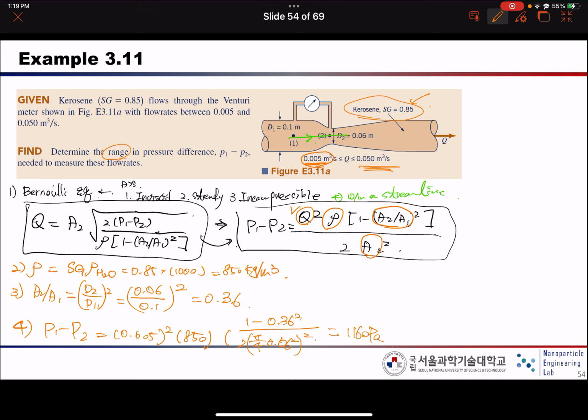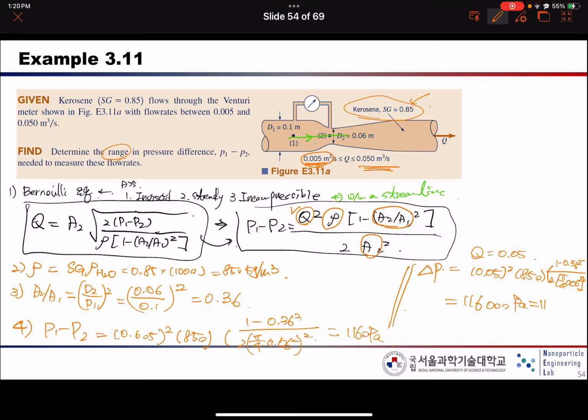Okay, and likewise for the delta P with the largest Q. The largest Q is 0.05. So if you put all the values in again, this value will be 116000 Pascal.